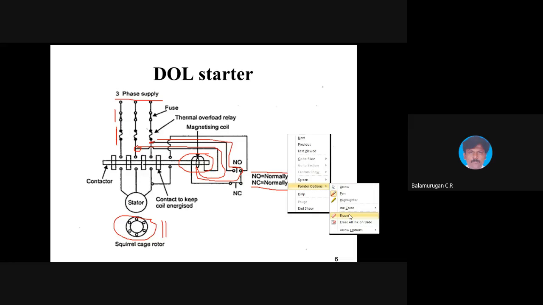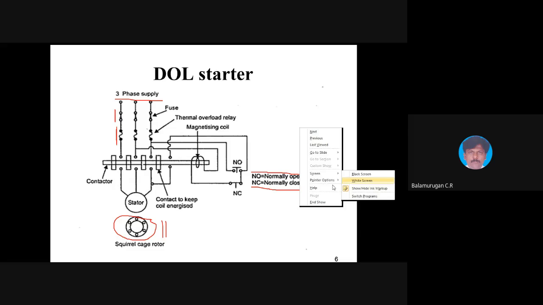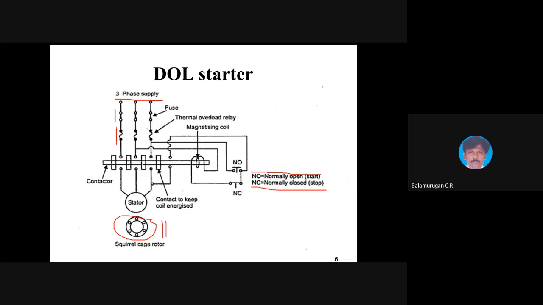Do you have any doubt? So here we have the two-phase supply, Y and B. Between Y and B we have connected this magnetizing coil and these two contacts, normally open and normally closed.